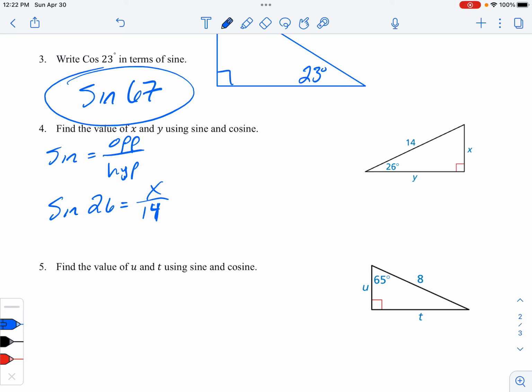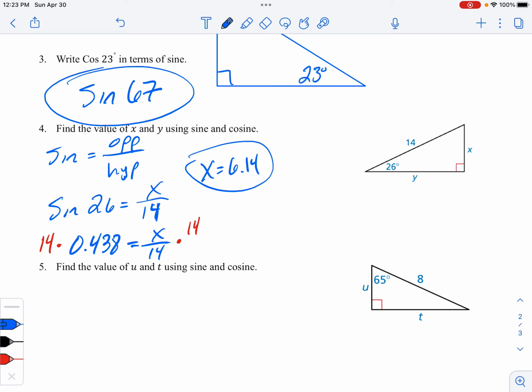So I'm just going to substitute that in. 0.438 is the sine of 26, and that's equal to x over 14. This is a one-step solution from here. If we multiply both sides by 14, 14 times 0.438 is equal to 6.14 if we round. So x is equal to 6.14.